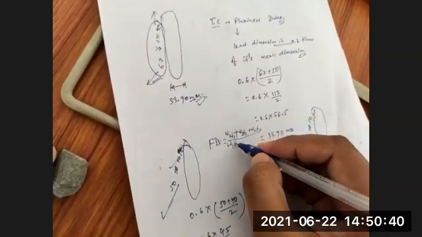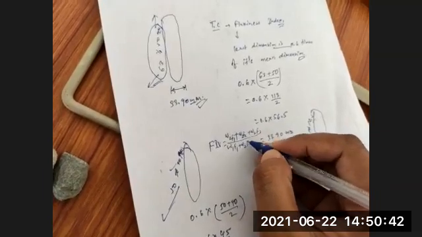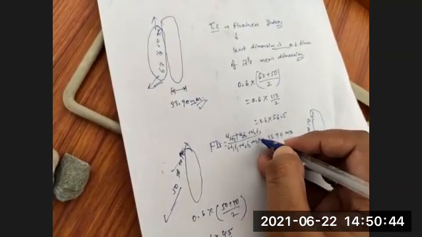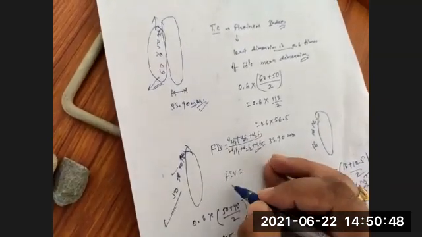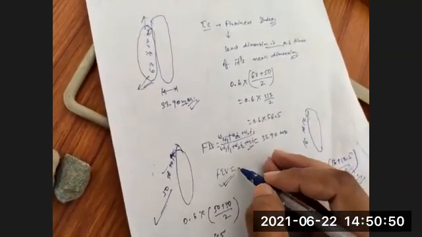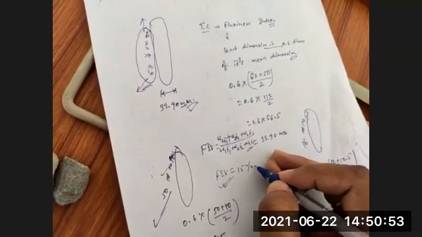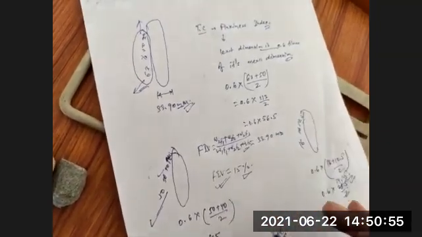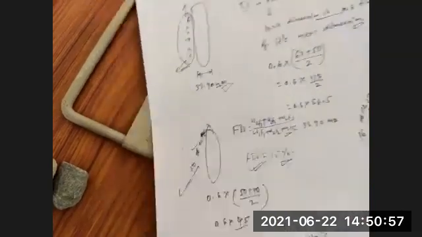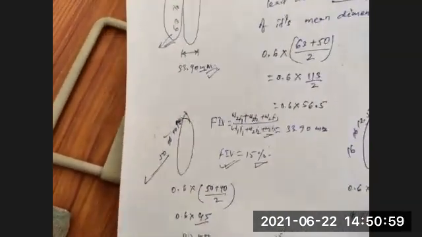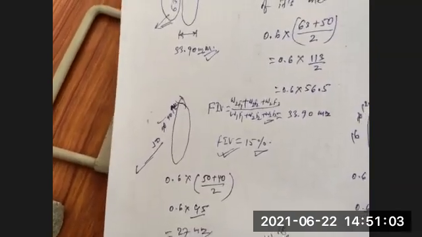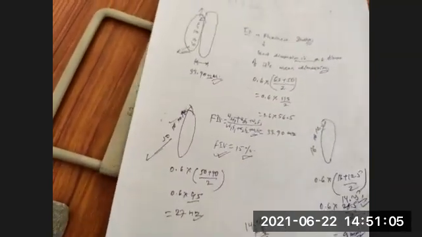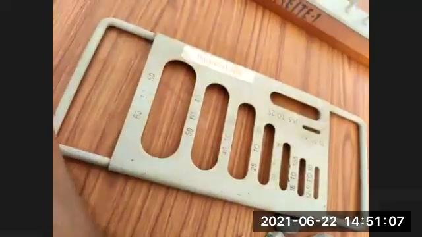So basically, W1 F1 plus W2 F2 plus W3 F3. So we find our flakiness index value. Our code says that a flakiness index value not greater than 50% is allowed for road construction. So this is all about our flakiness index calculation, and this is all about our thickness gauge.